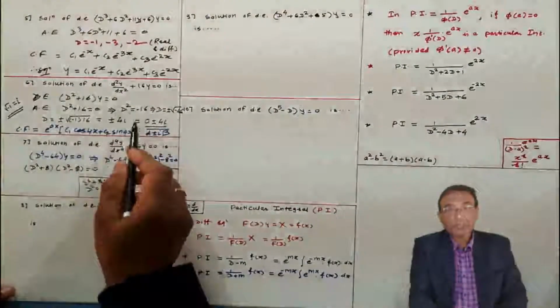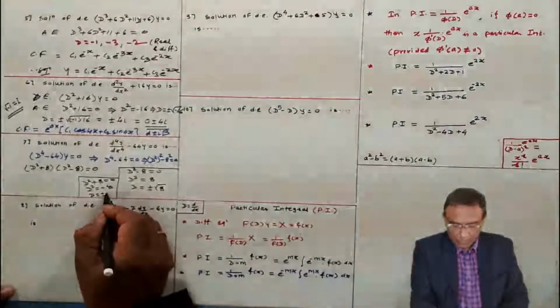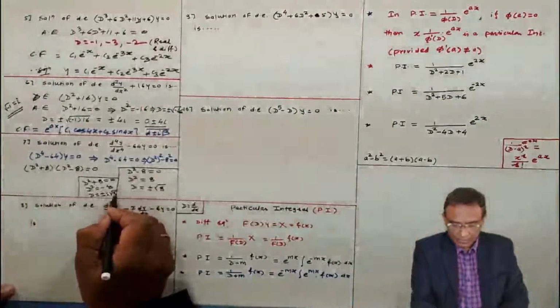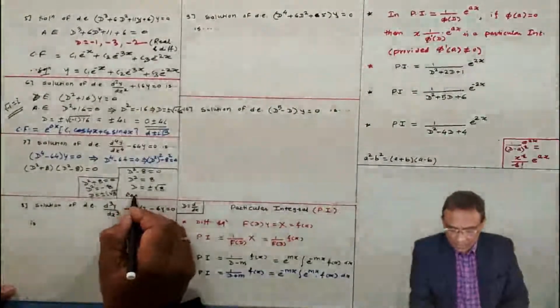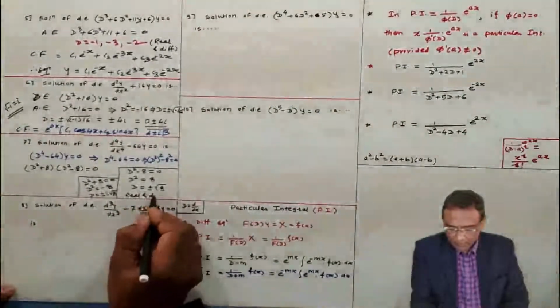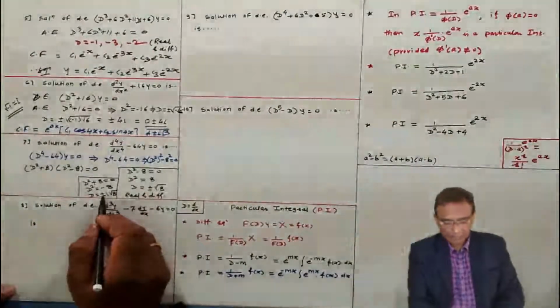And as we have done here, D equal to root of minus 1 is iota. I am directly writing. Okay, these roots are real and different, and these roots are imaginary and different.